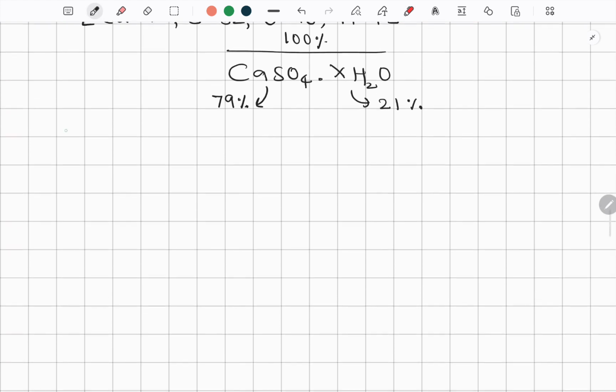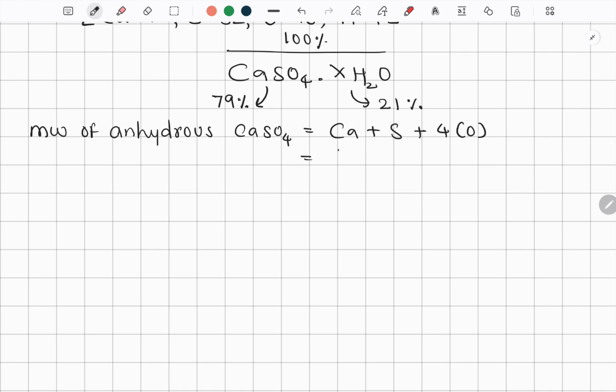Now let's calculate the molecular weight of anhydrous CaSO4. When I say anhydrous, that means I am not counting this water of crystallization. Only CaSO4. So 1 calcium, 1 sulfur and 4 oxygen.